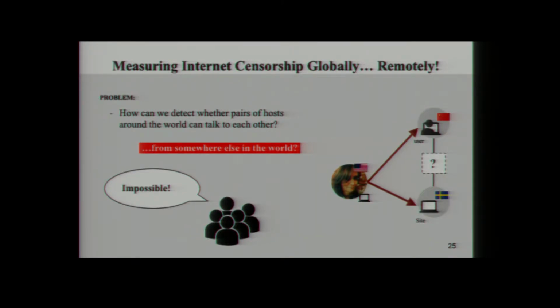When I pitched the idea, is there a way to remotely, off the path, without having root access on machines, see whether two hosts can talk to each other or not, many people in the field said that's impossible. It's a dissertation that is going to fail.